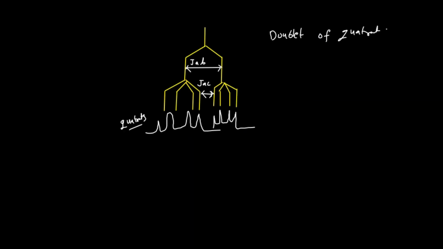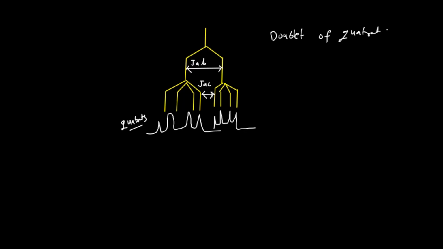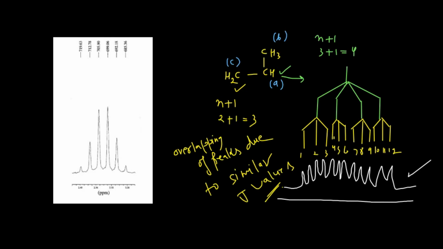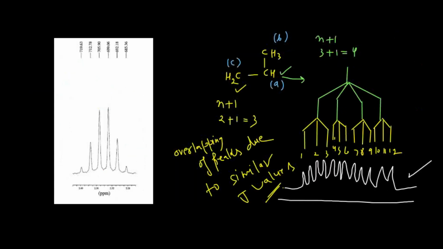This structure is more consistent with the data given in the IR spectrum, the proton NMR spectrum, as well as the splitting pattern. This is the best possible explanation for this particular molecule.